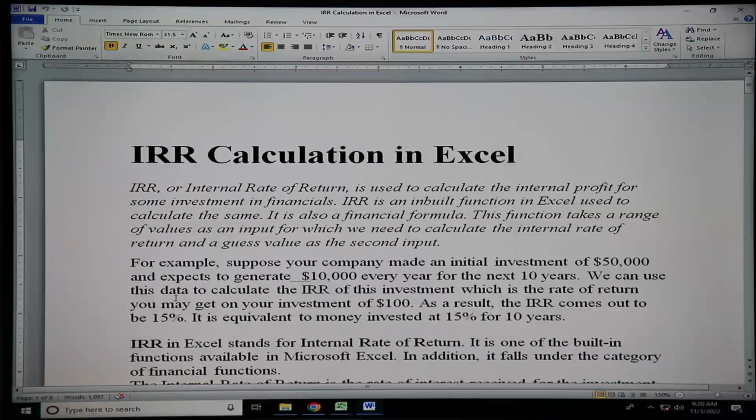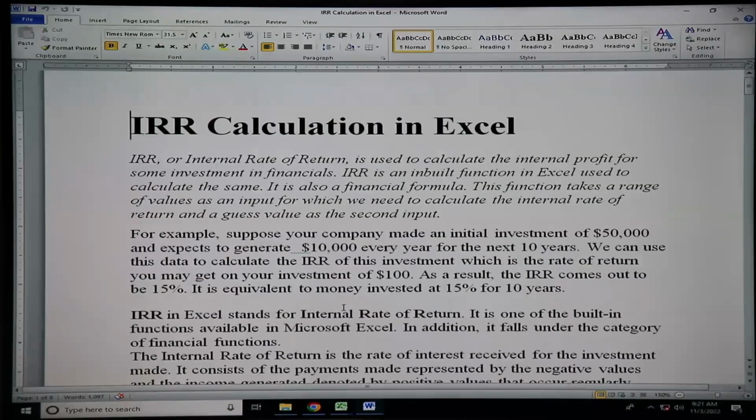We can use this data to calculate the internal rate of return of this investment, which is the rate of return you may get on your investment. So the internal rate of return comes out to be 5%. It is equivalent to the money invested at 15% for 10 years.